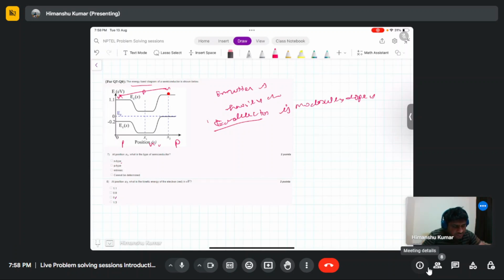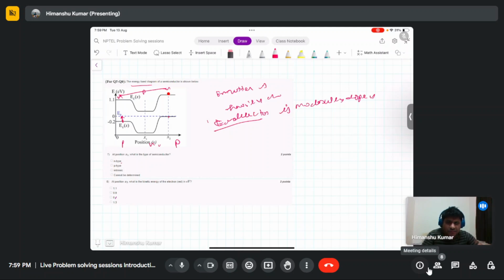If the emitter is p type, then the Fermi level will lie closer to the valence band, and in the collector side, also p type, the Fermi level will lie closer to the valence band, but this Fermi level is different compared to the emitter.